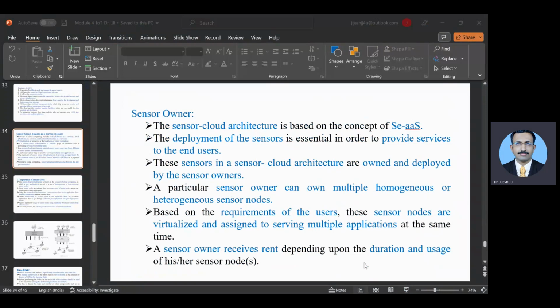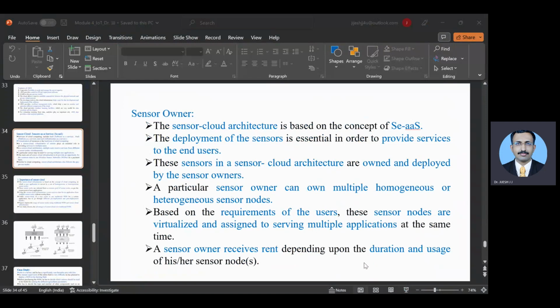Sensor nodes are virtualized and assigned to serve multiple applications, and the sensor owner receives rent depending upon the duration and usage of the sensor nodes and that infrastructure system.